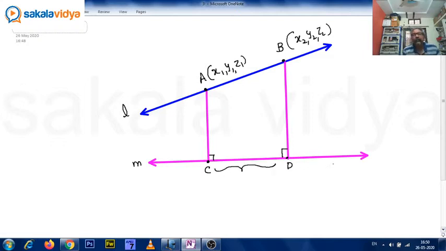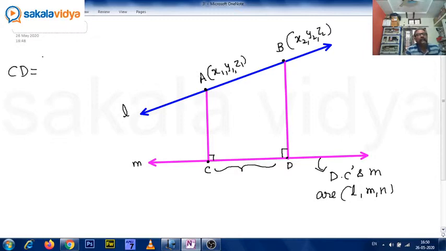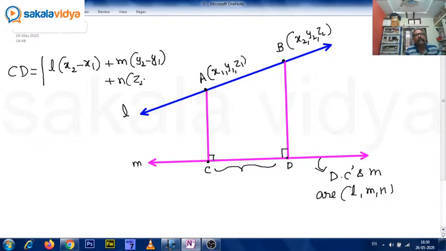For example, if the direction cosines of M are given as l, m, n, then we need to find this projection CD. CD is the length, given by mod of l multiplied by x2 minus x1 plus m multiplied by y2 minus y1 plus n multiplied by z2 minus z1.